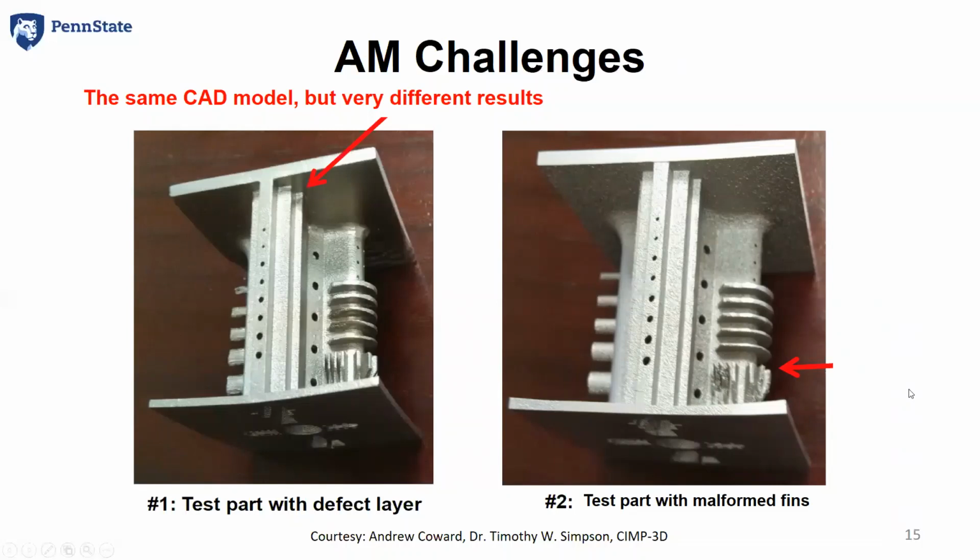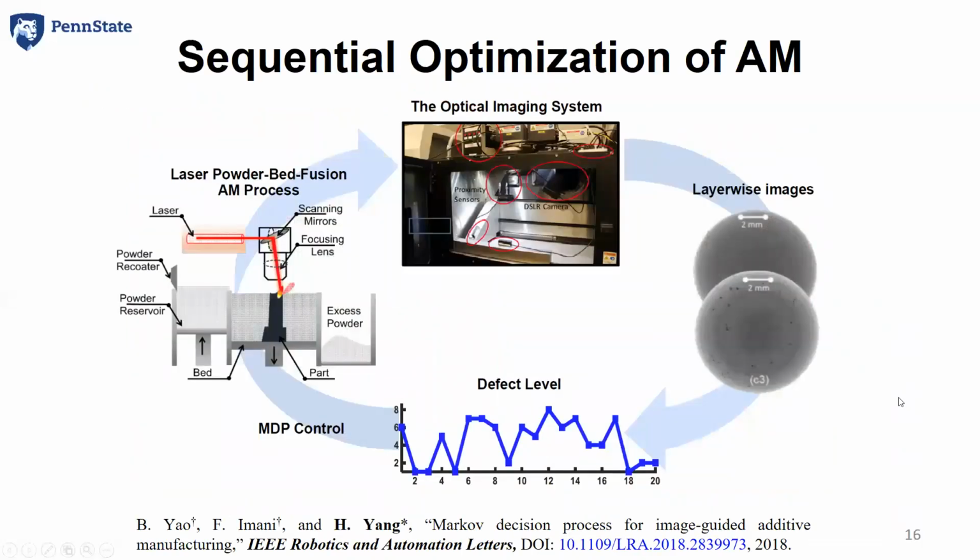We propose a new idea on image-guided manufacturing. This is a laser powder bed fusion process, also called the LPBF process. This is a laser fusing the metal powders over here.